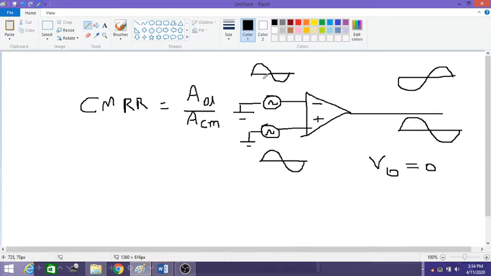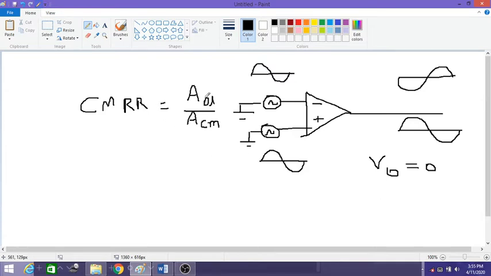If both the input magnitudes are equal, then the output is 0. If the input magnitudes are different, then we get the magnified version of the corresponding input. Ideally it is supposed to be 0, but practically there is a small ACM value in most op-amps.